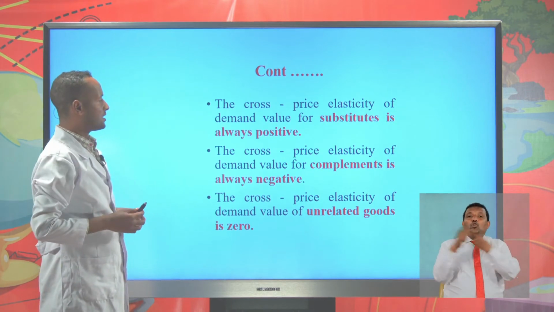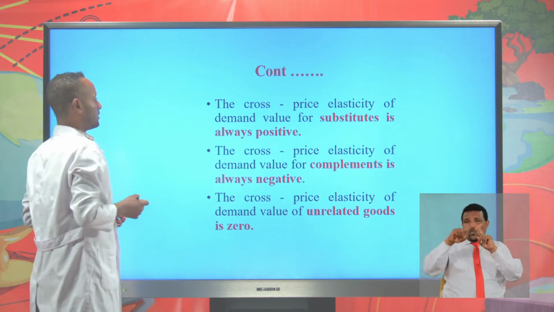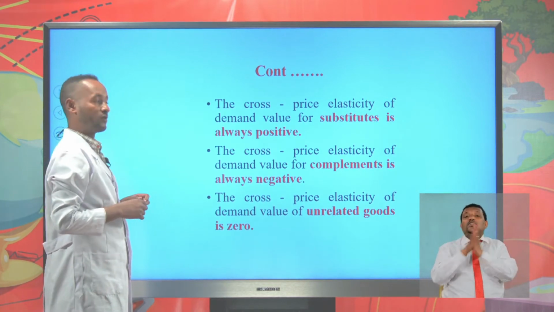The cross price elasticity of demand value for substitutes is always positive. This is due to the direct relationship between the price of one commodity and the demand for the other.